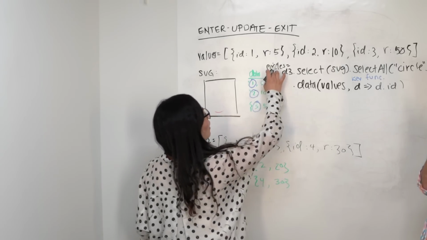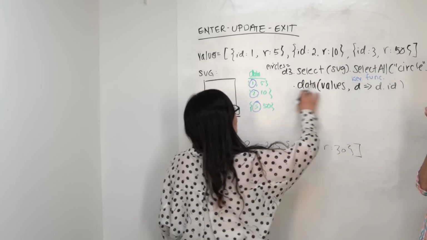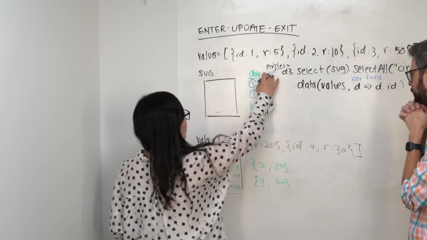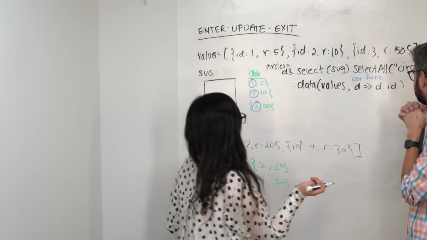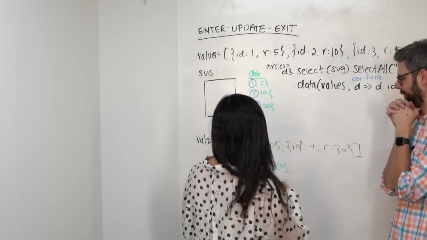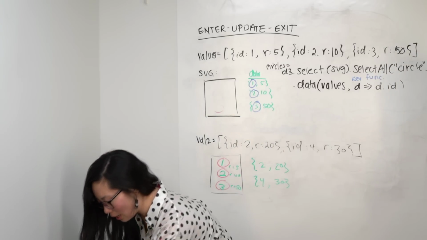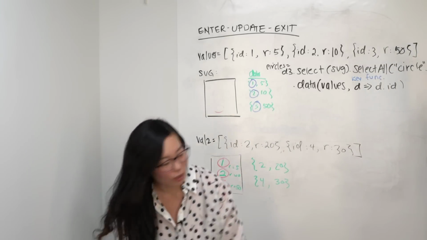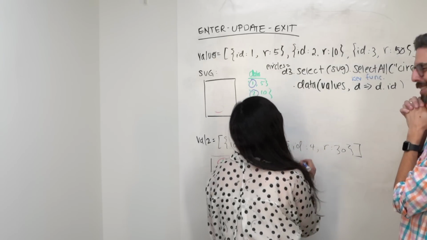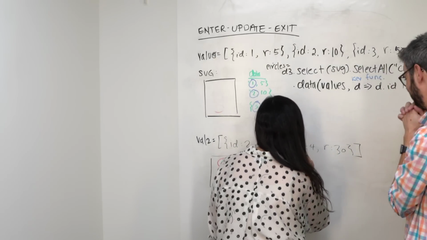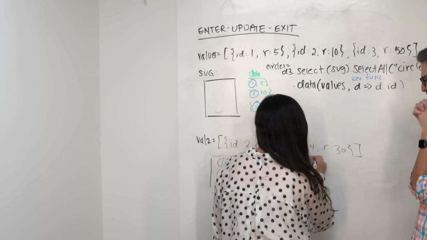I'm going to put all of this in a variable called circles. And then what I'm going to do first is exit. I am now getting confused with all the colors.